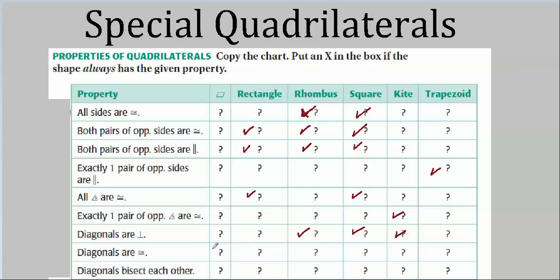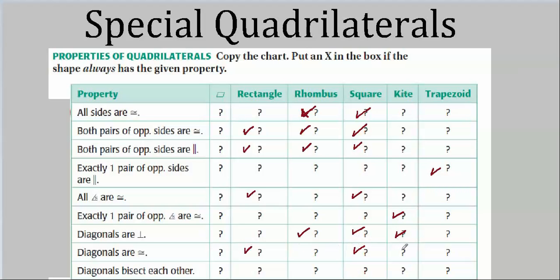Diagonals are congruent. Now let's see, that's true for a rectangle. I don't think it's true for a rhombus. Remember, a rhombus is kind of a lopsided square, so you end up stretching out one diagonal and shrinking the other. Is it true for a kite?